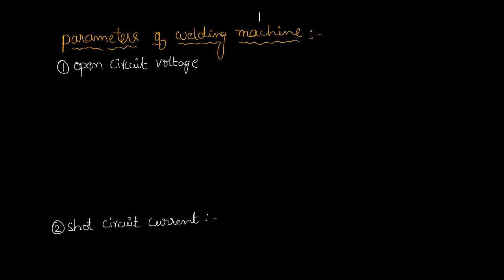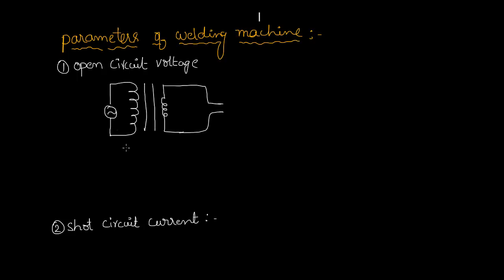So what is meant by open circuit voltage? It is the maximum rated voltage which can be measured across the two terminals under no loading conditions. So it is the maximum voltage obtained by stepping down the transformer.